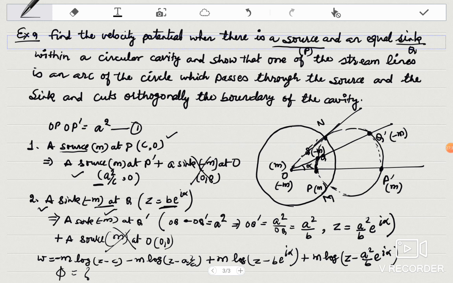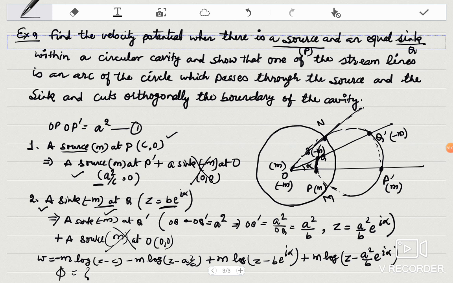And since these are concyclic points on this circle, naturally the line passing through ON will be the tangent at this point, at N, and therefore both the circles will cut orthogonally to each other. So this is the second part. It is a little bit theoretical part.